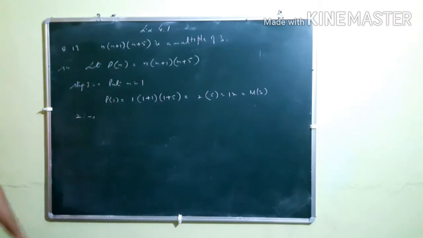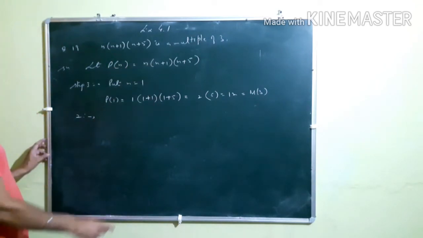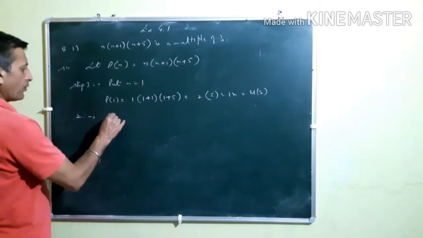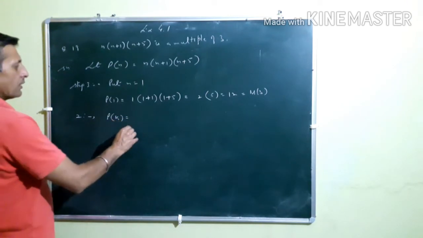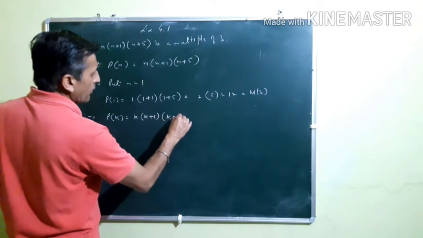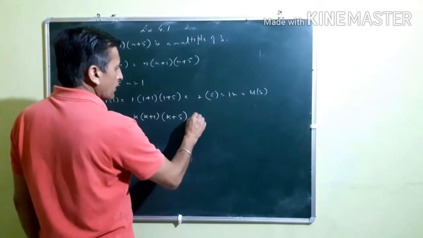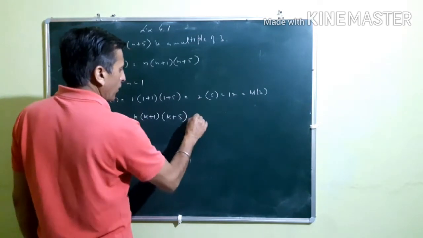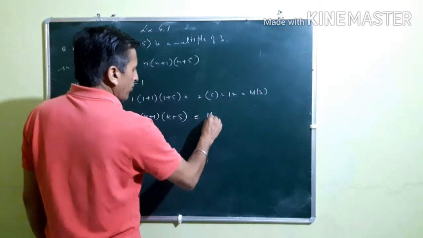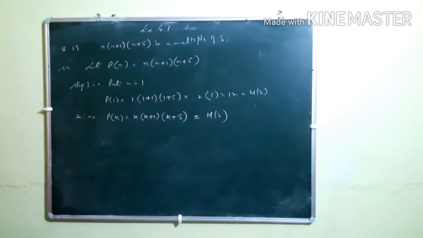Now in step number 2, we assume that this result is true for n is equal to k. That means we assume that P of k, that's k into k plus 1 into k plus 5, is a multiple of 3. That's all. So this was your concept.